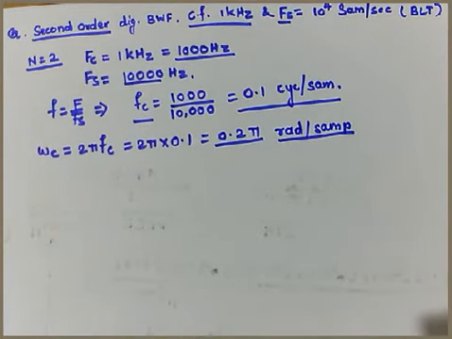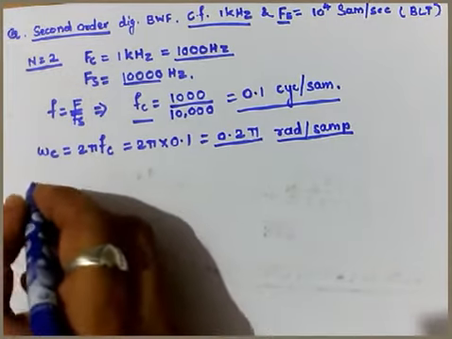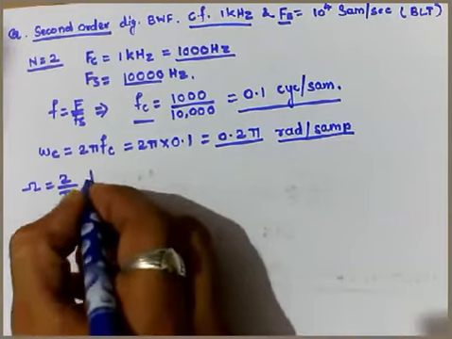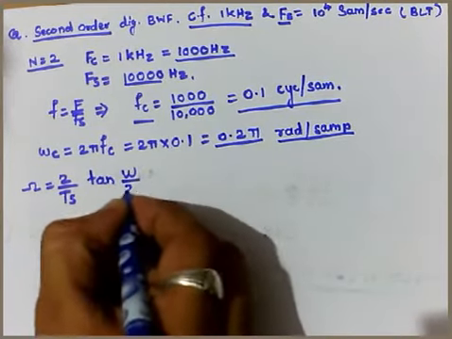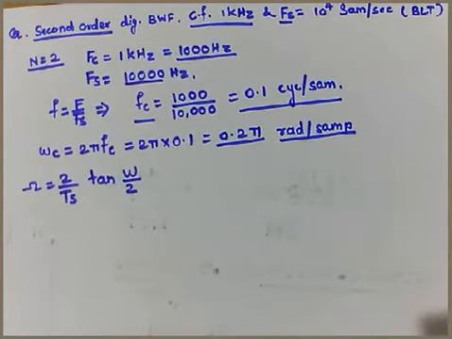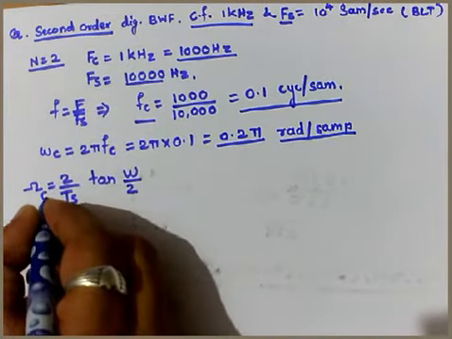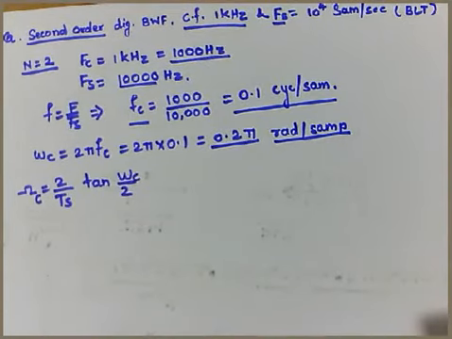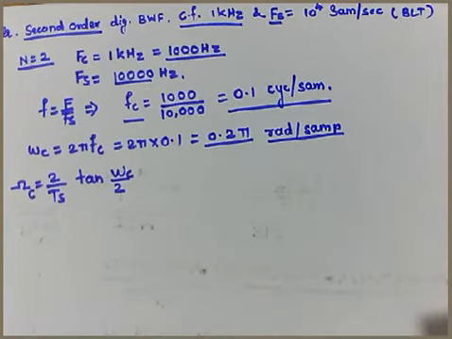Now once we calculate omega c, our job is quite simplified, because by the application of the BLT we can simply calculate the Ohm c. How to calculate Ohm c? Just try to recall. Ohm is 2 by Ts tan omega by 2. So Ohm c is equal to 2 by Ts tan omega c by 2.